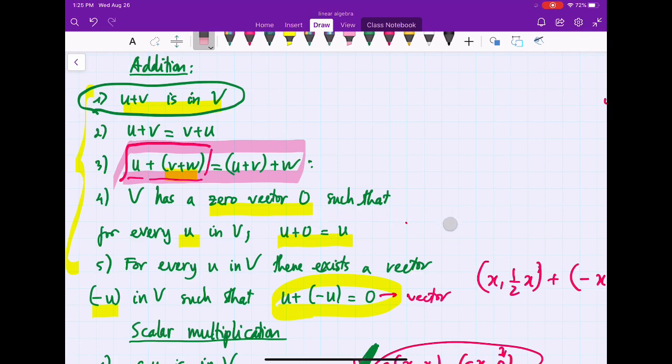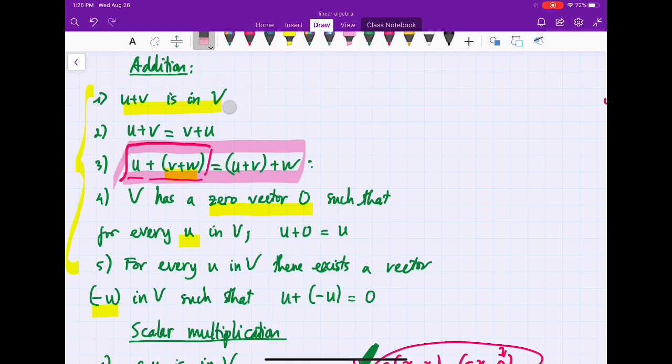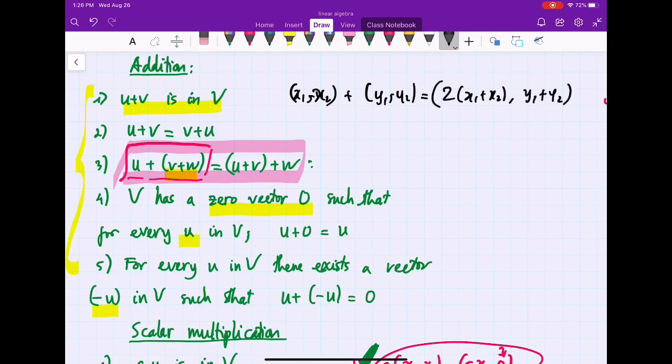So the first property is okay, right? That is closure under addition, because we have x1 x2 plus y1 y2 is 2 times x1 plus y1, x2 plus y2. So this is a vector in R2, which is good. The second, commutative, is also okay, because when you interchange these two vectors, you just need to interchange.